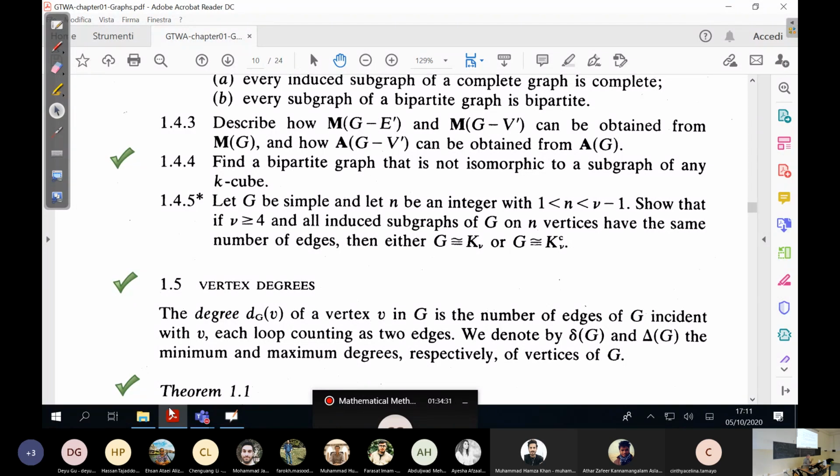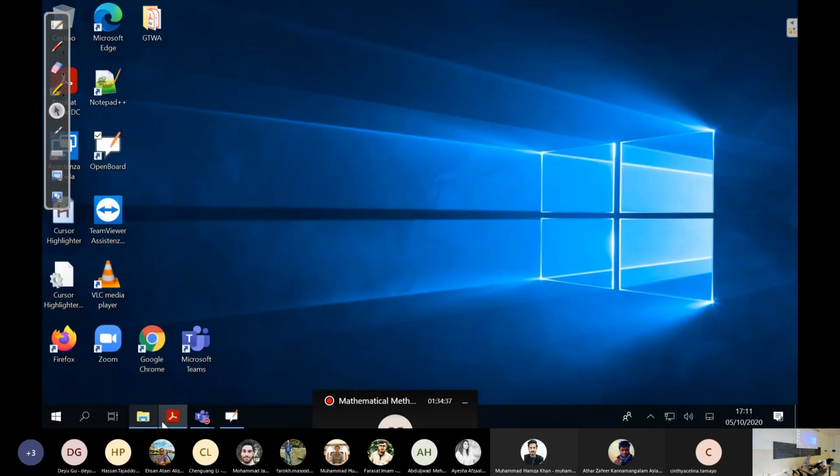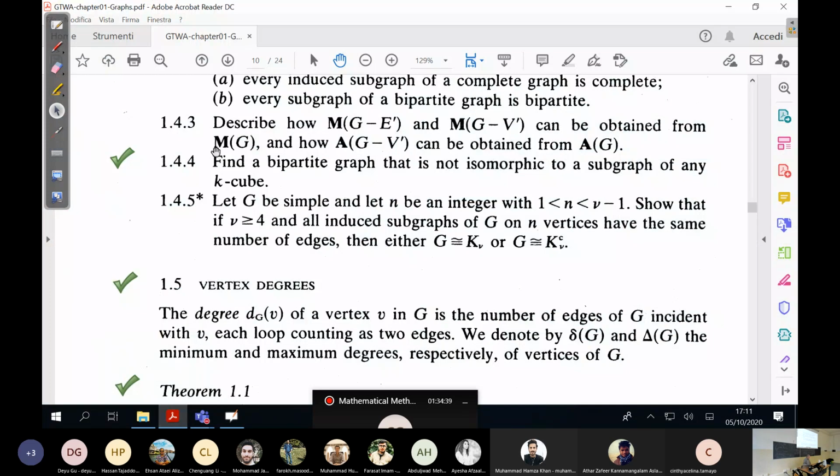Well, we already discussed very briefly that, as it is written here, they just asked for a graph and did not specify a simple graph.